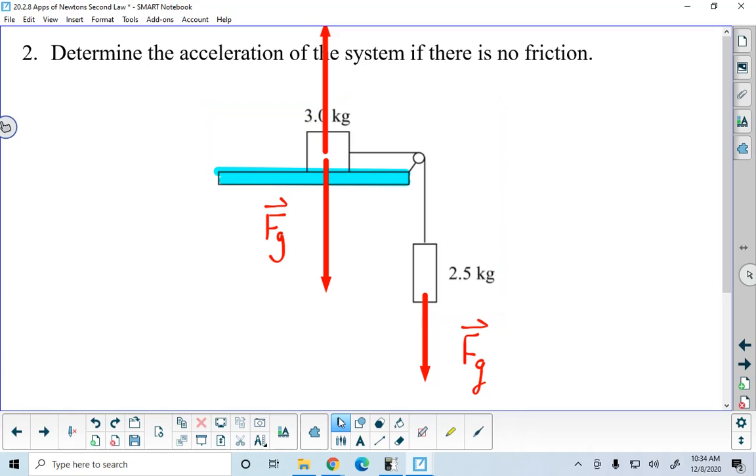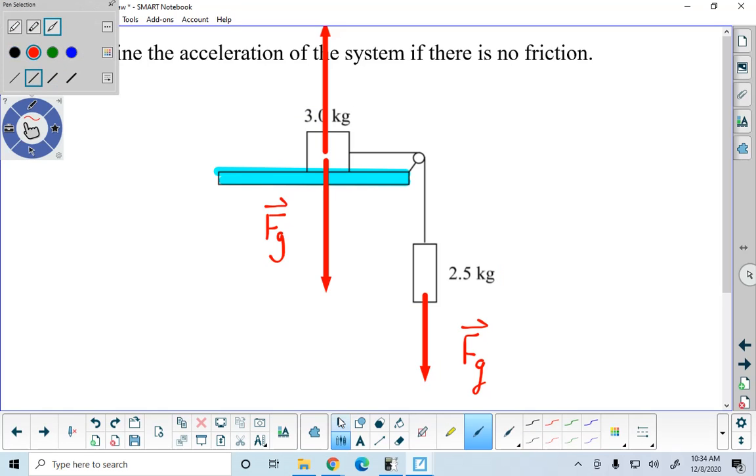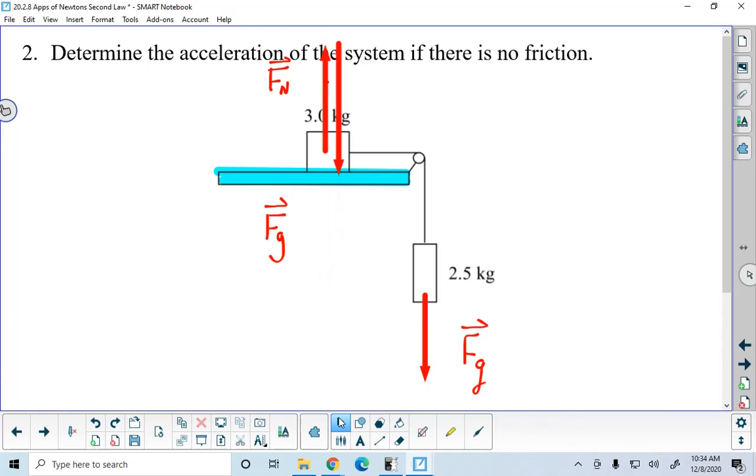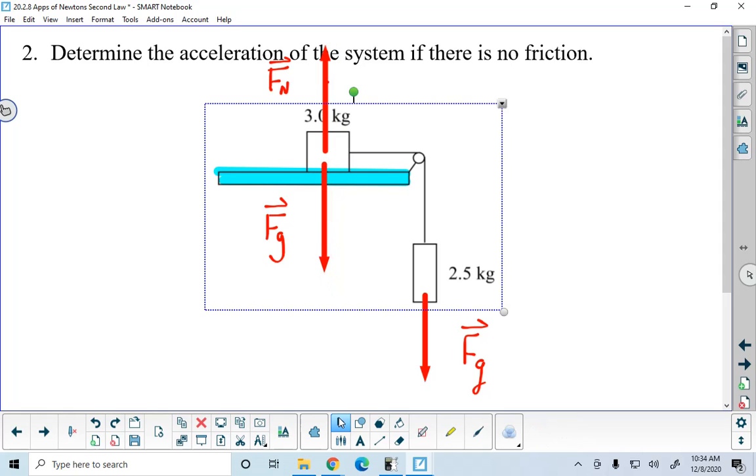So we only have 3 forces acting on the entire system. We have the normal force acting up on the 3 kilogram mass, the force of gravity acting down, and then we also have the force of gravity acting down on the 2.5 kilogram mass.